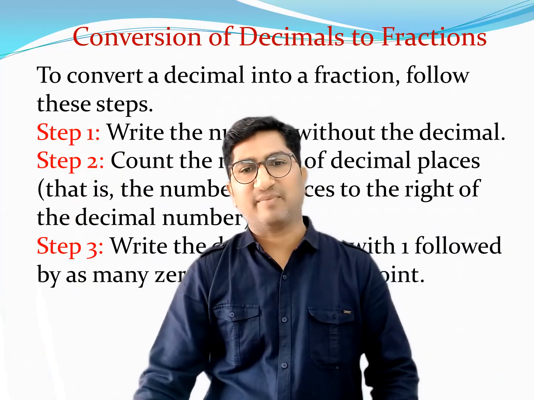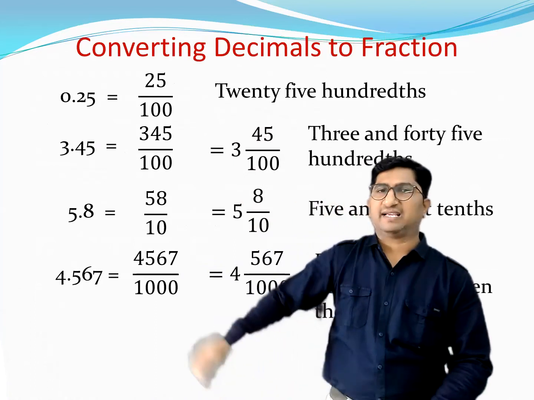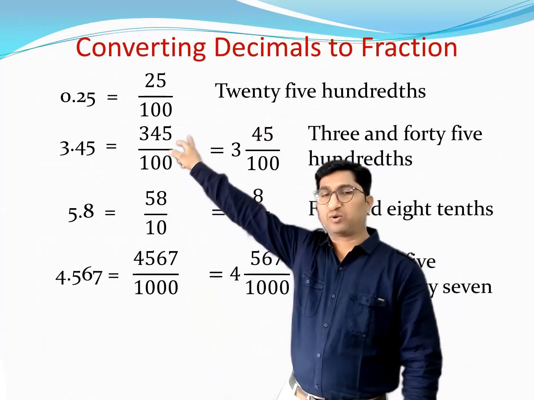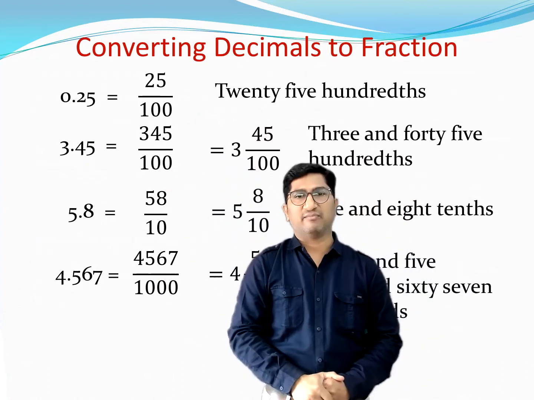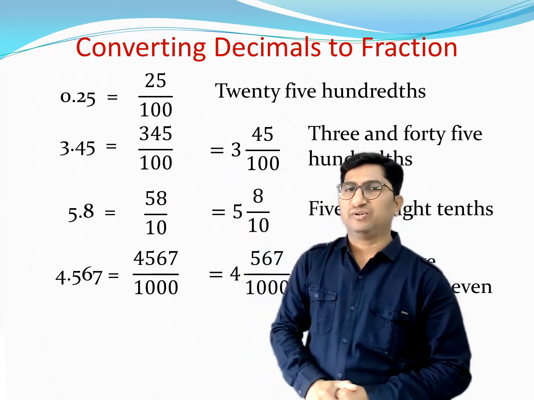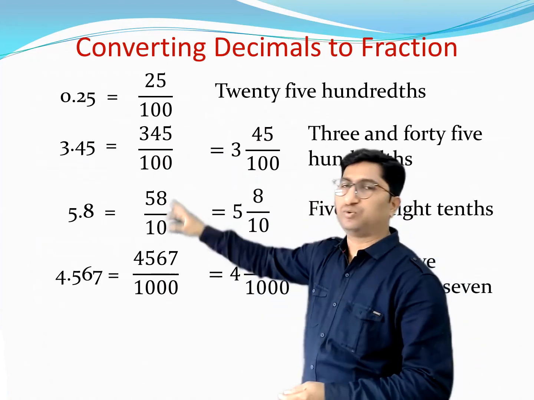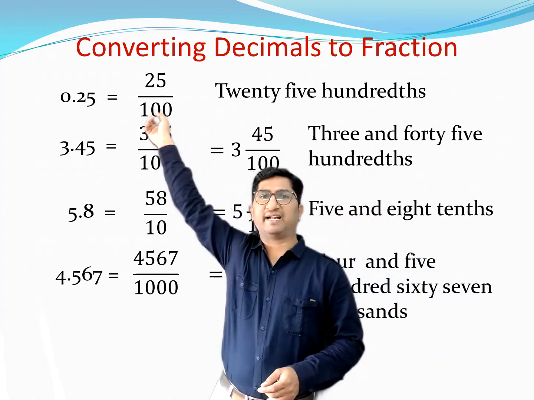I will tell the example, then it will be clearer. For 0.25, write the number without the decimal, 25, and count the digits after the decimal point. Two digits, so we write two zeros in the denominator, followed by 1. So 100.